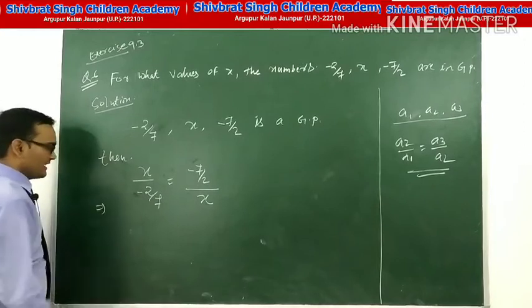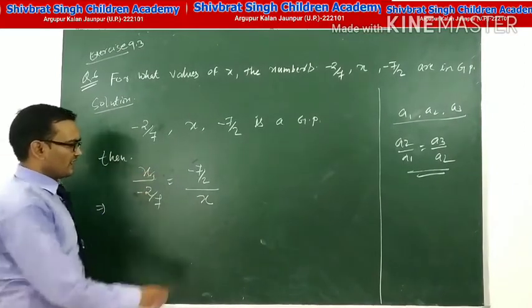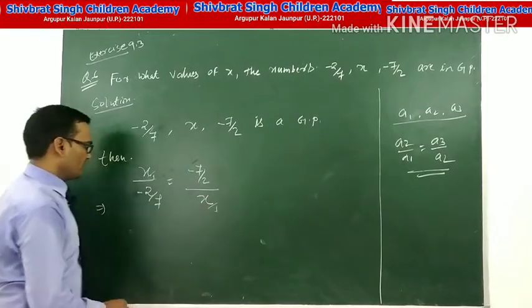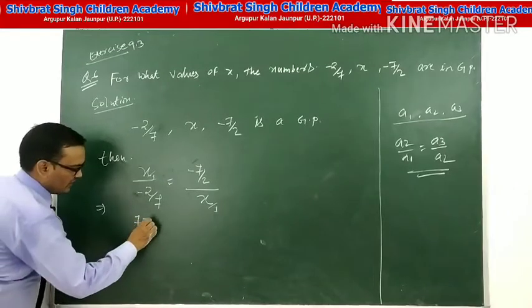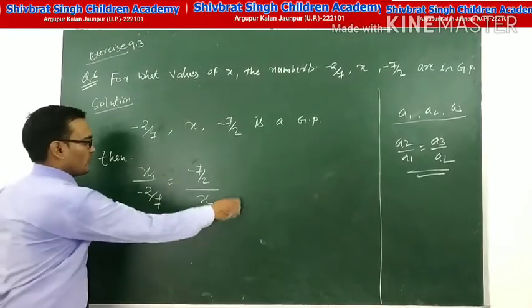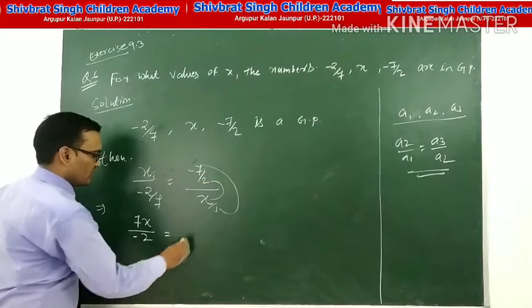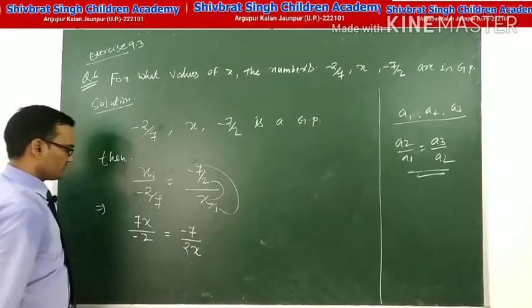This implies that 7x upon -2 is equal to -7 upon 2x.